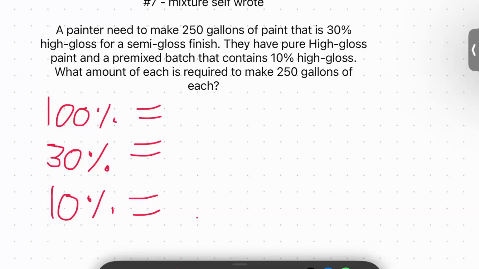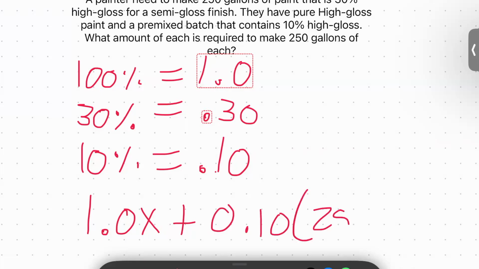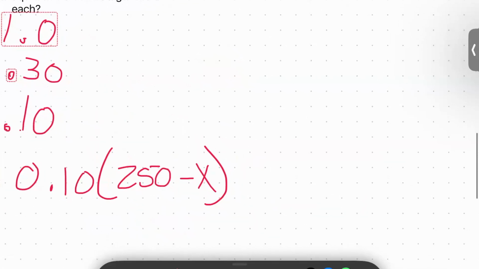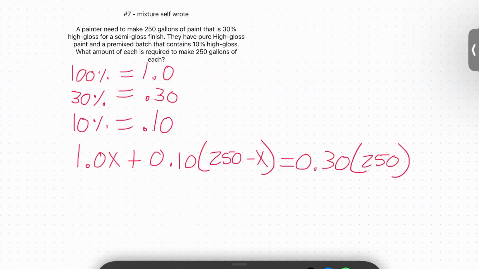Then we're just going to write out 1.0x plus what amount of 100% will make this percent? That makes sense?